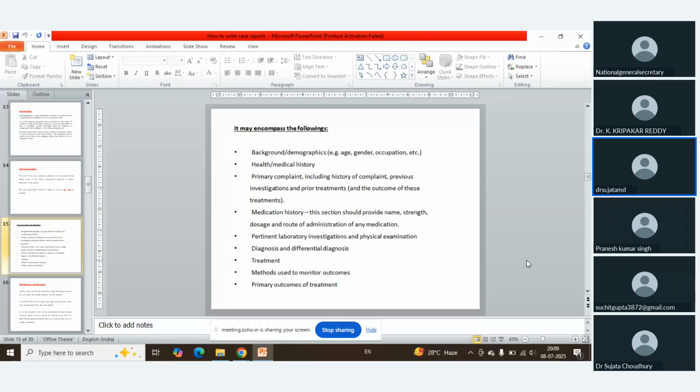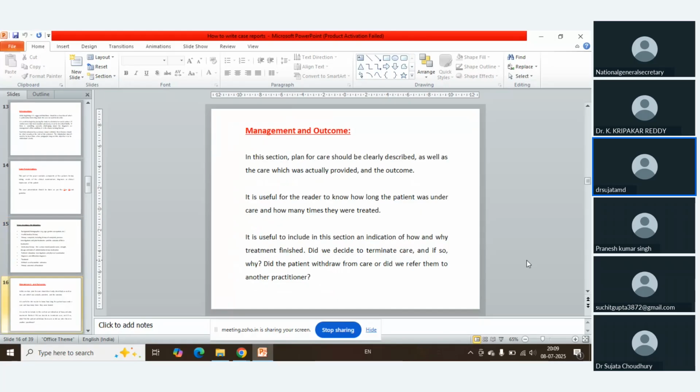All this is encompassed in the case presentation. In management and outcome, the plan for care should be clearly described: after taking the case, how it is managed and what the outcomes are. This is clearly described in this section.